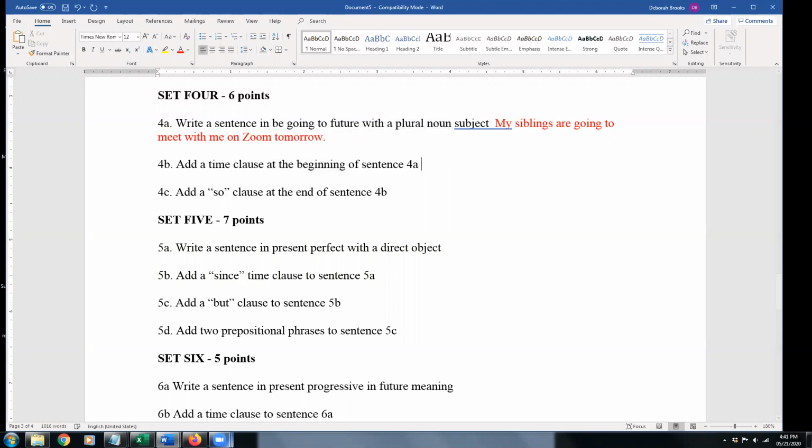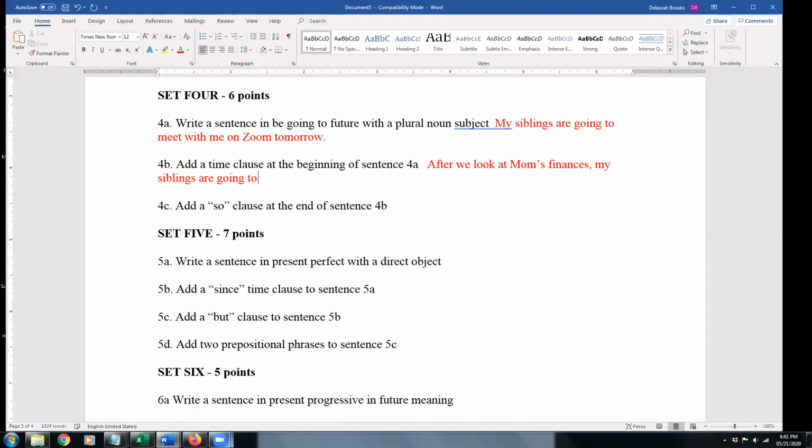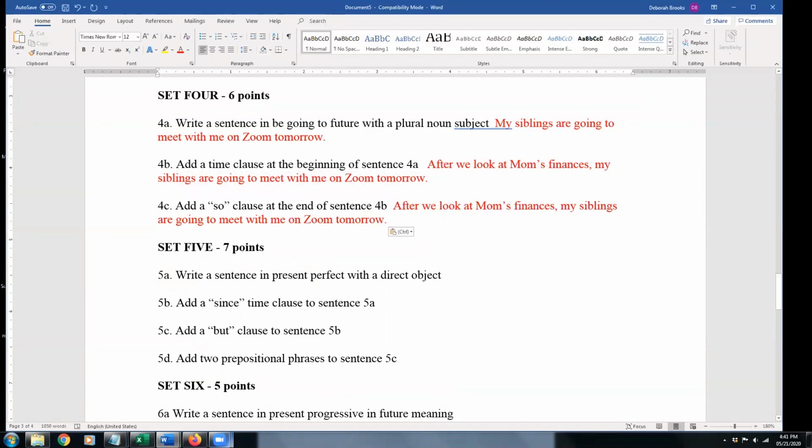Now, when you have a time clause at the beginning, then you need a comma. After we look at Mom's finances, my siblings are going to meet with me on Zoom tomorrow. I just copy all of that in and add to it.